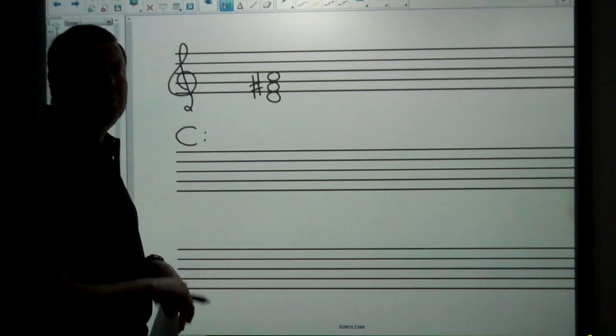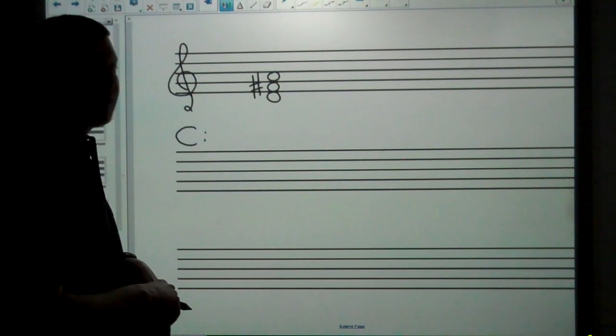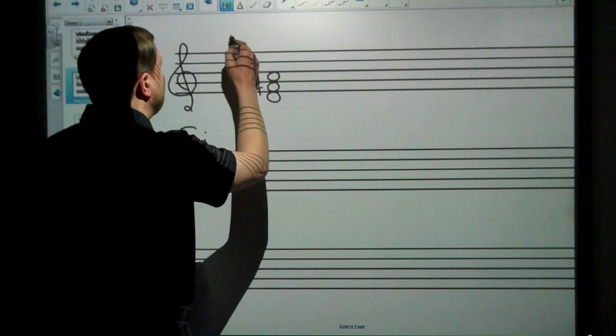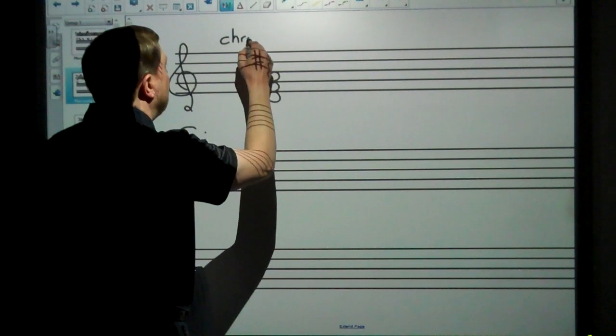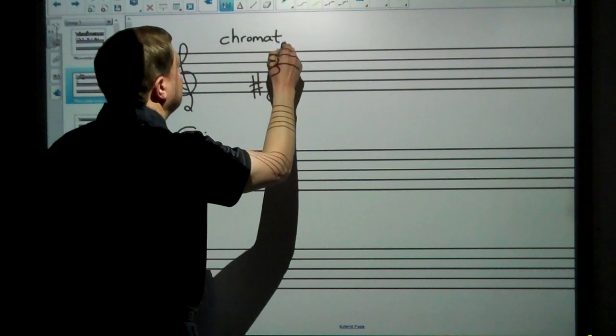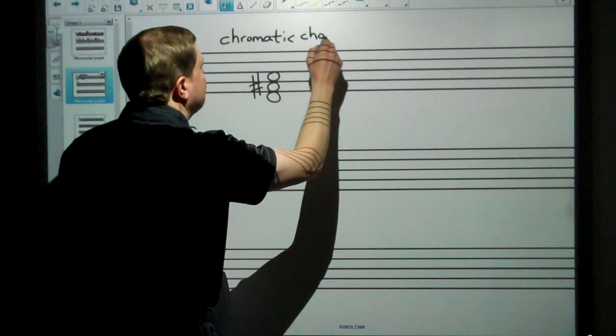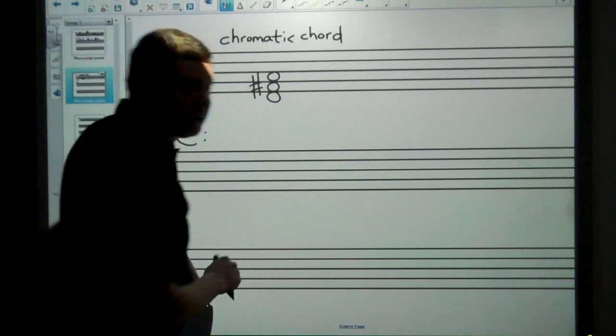F sharp does not belong in C major. And so this would be an example of a chromatic or an altered chord, because it contains one chromatic pitch.